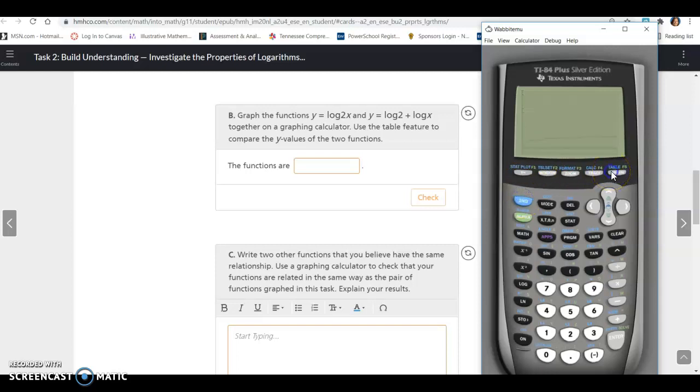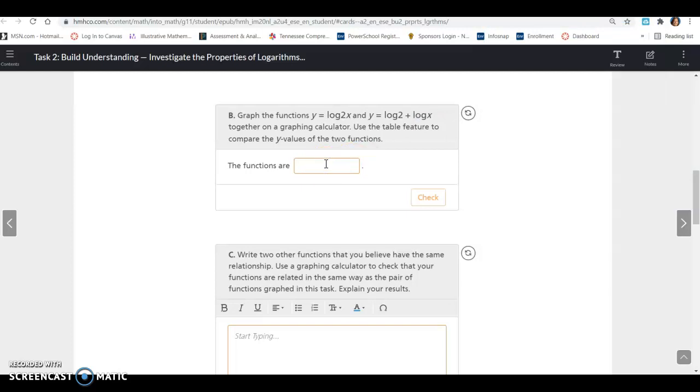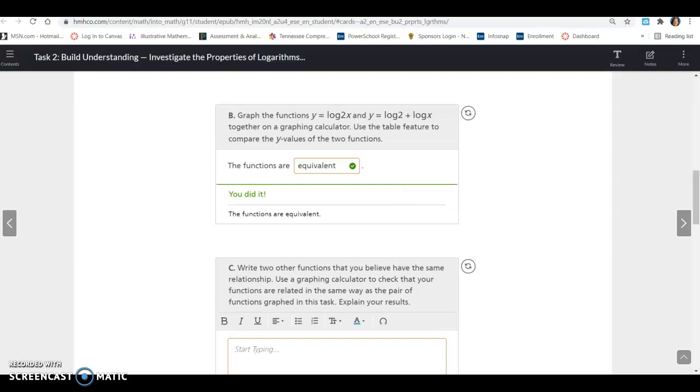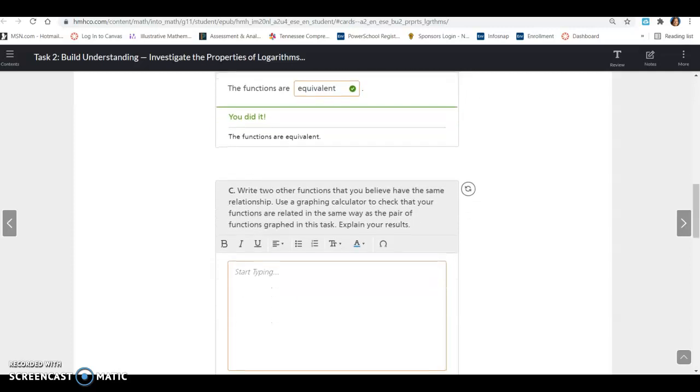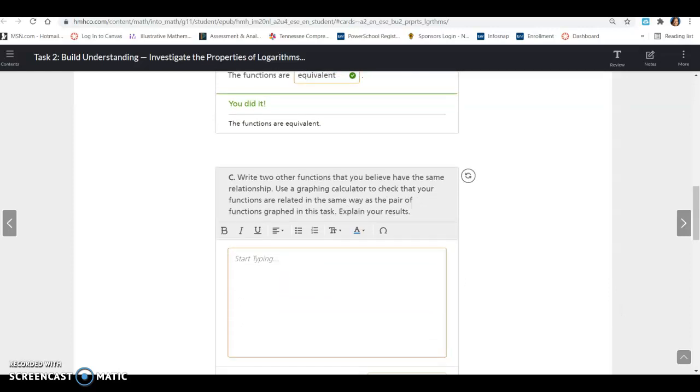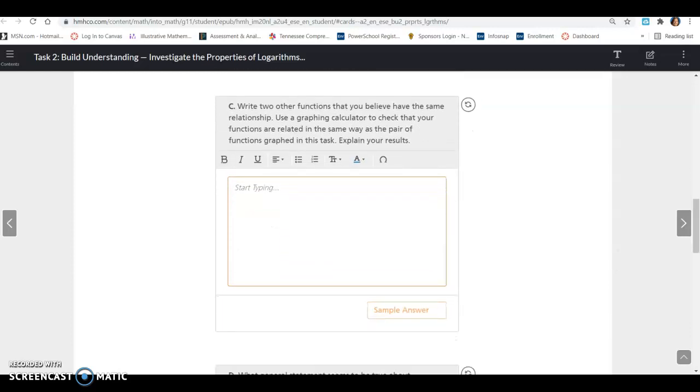So if I go to my table of values, like it tells me, use your table feature to compare the y values. So if I scroll down through here, I can see that the y values are exactly the same. Okay, so these two functions are equivalent. So they are the same. They're not written exactly the same way, but they are equivalent, which means they're basically the same.